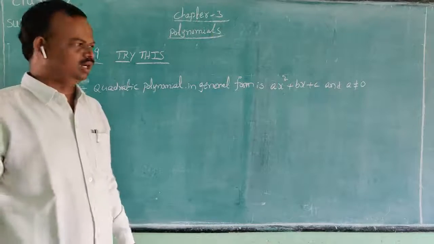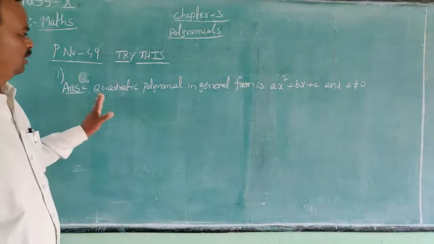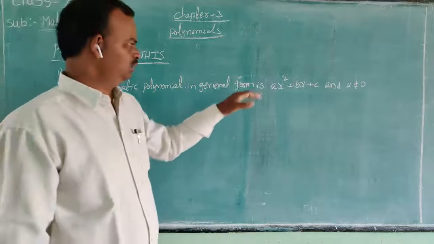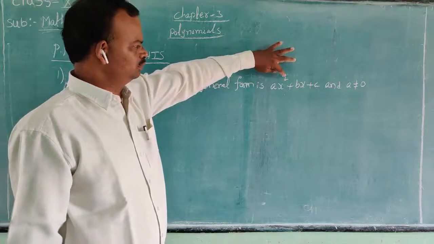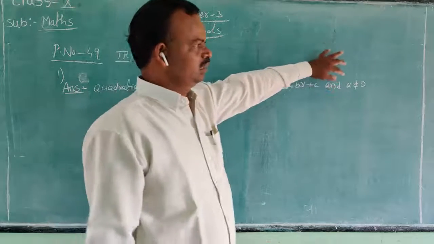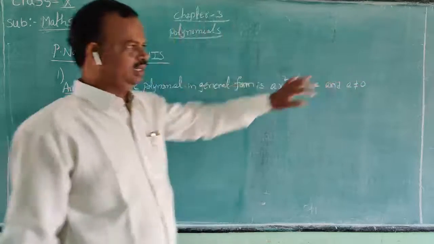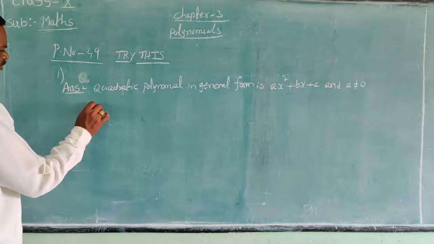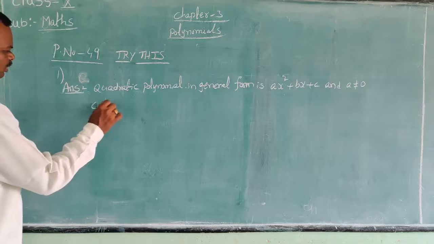Quadratic polynomial in general form: quadratic means degree 2, the highest power is 2. So it is ax square plus bx plus c and a not equal to 0. And the next one is cubic polynomial.